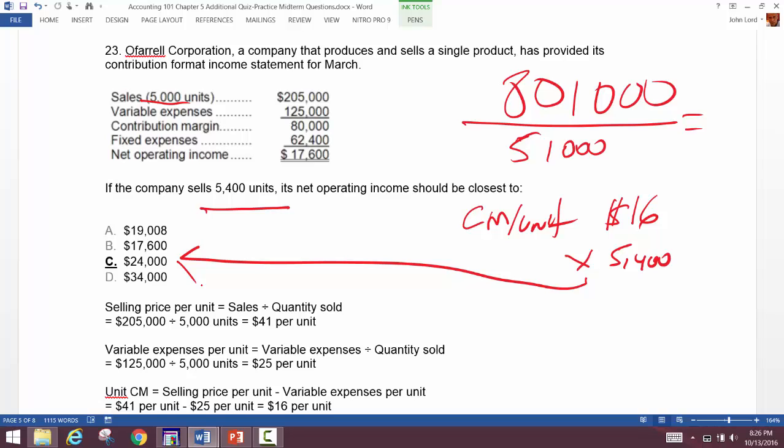Impossible. $80,000 is the contribution margin, divided by 5,000 units is $16 per unit. They are now going to sell 5,400 units. Gives me 86,400.